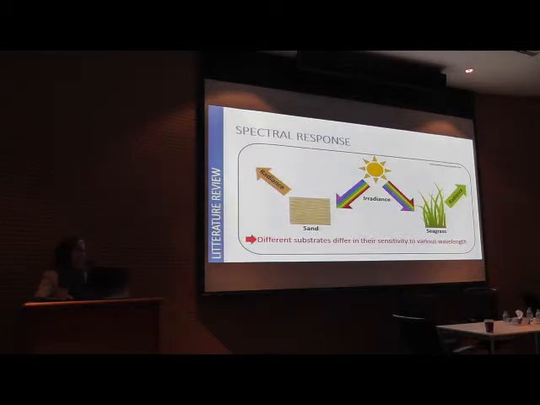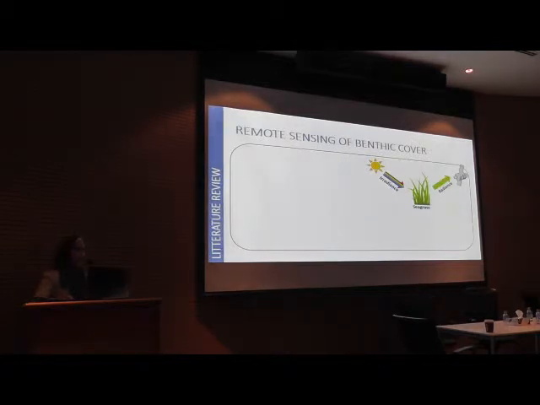In fact, different substrates differ in their sensitivity to various wavelengths. Optical sensors are sensitive to the reflected and emitted electromagnetic radiation. And if we compute the ratio radiance over irradiance, we can get the spectral reflectance or spectral signature of a substrate.